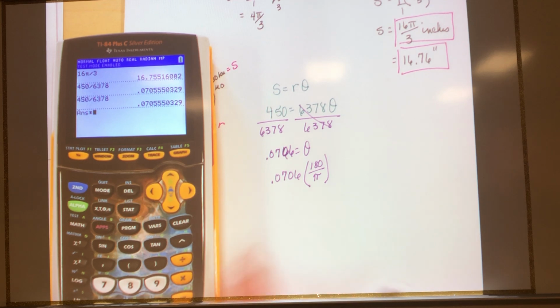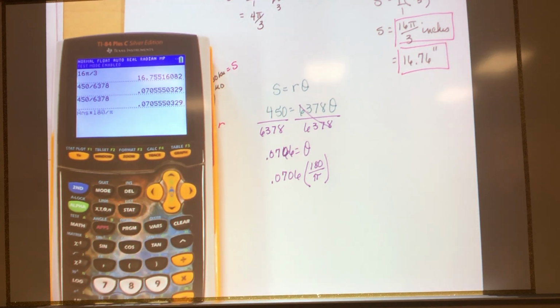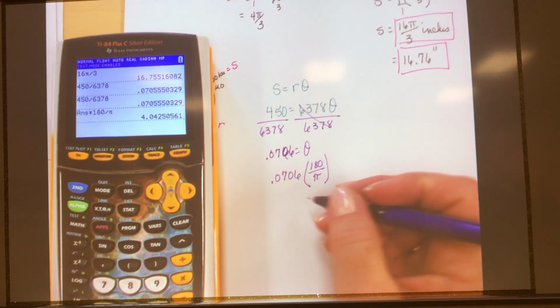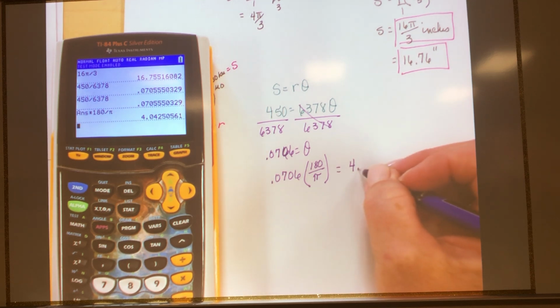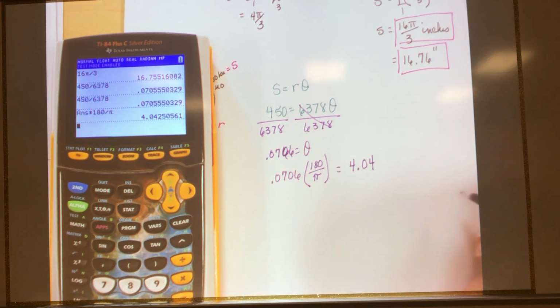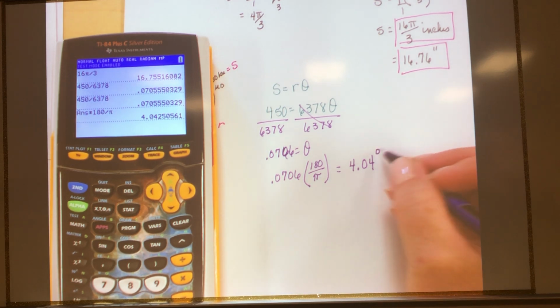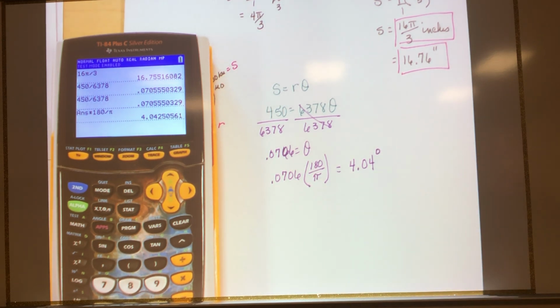And if you want a fraction, you can do a fraction. I don't need one. And so there is my angle. My angle is equal to 4.04 what? Degrees. Okay, 4.04 degrees.